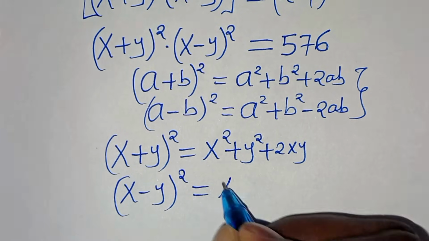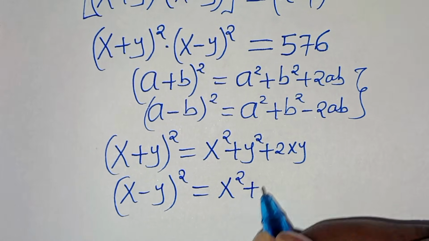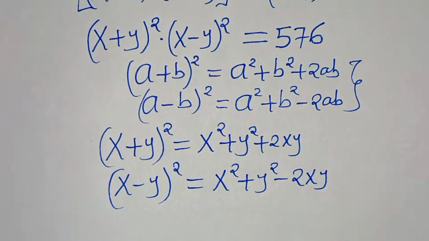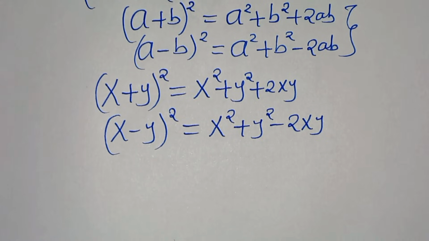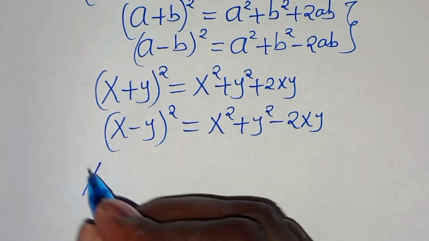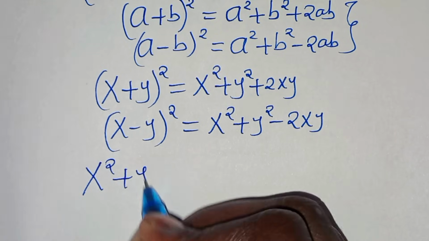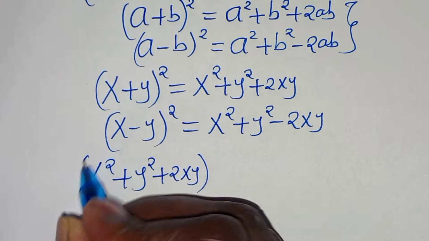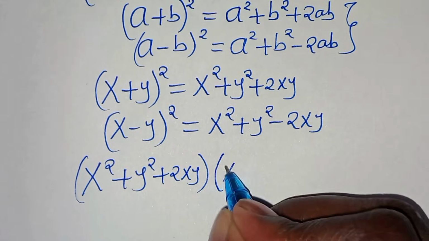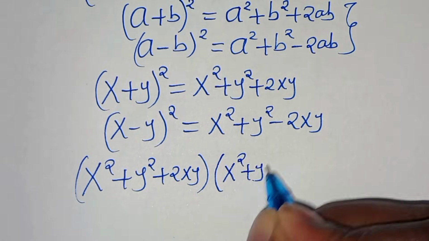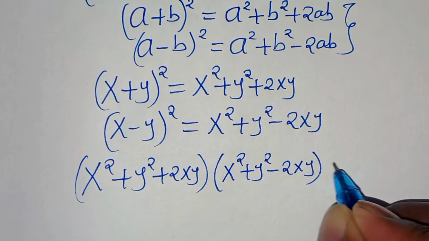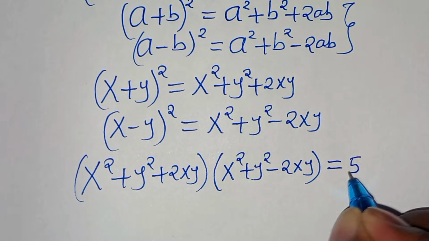This is the same thing as x to the power of 2 plus y squared subtract 2xy. So this means that we have x squared plus y squared plus 2xy multiplied by x to the power of 2 plus y squared minus 2xy. This is equal to 576.